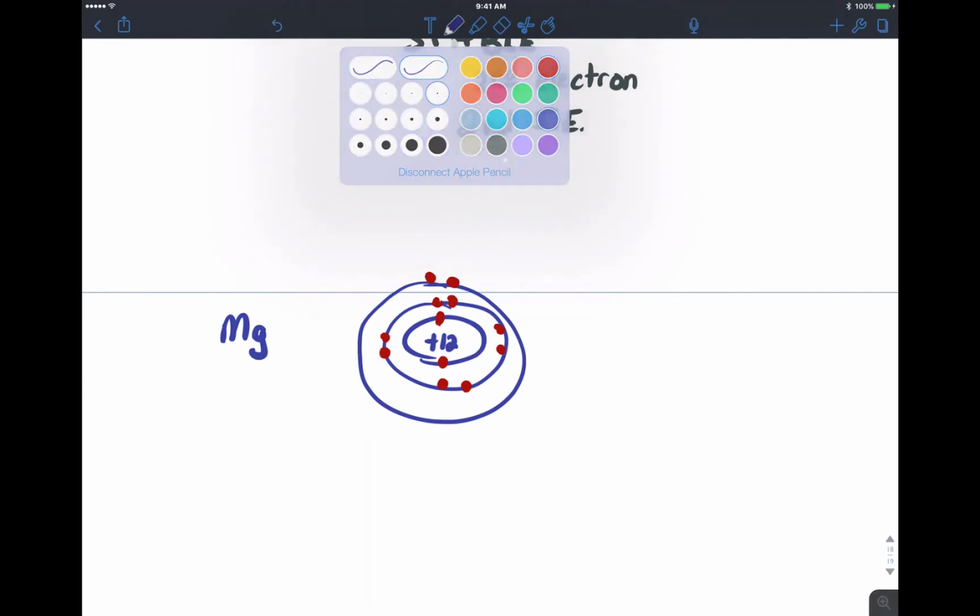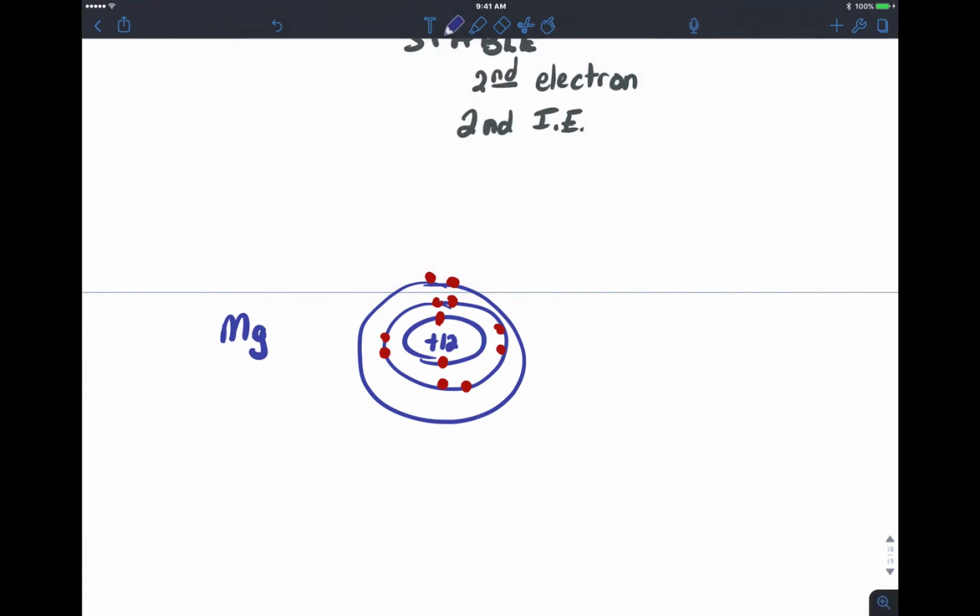So for magnesium, it has 2 valence electrons right now, and that means that it's unstable. For it to become chemically stable, we'd like to have 8 valence electrons. So we need to start removing electrons.